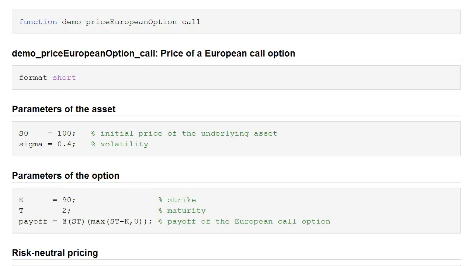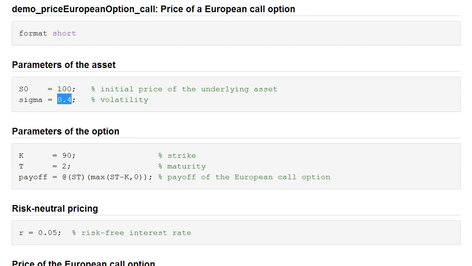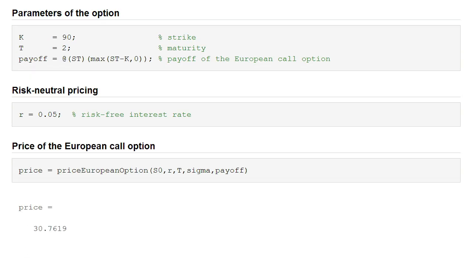Here is the code we have used to price the option. The initial price of the asset on which the option is defined is 100. The volatility is 0.4. The parameters that define the option are a strike of 90, maturity in 2 years from the time at which the contract for the option is drawn, and the payoff is the maximum of the price of the asset at maturity minus k, the strike price, and 0.